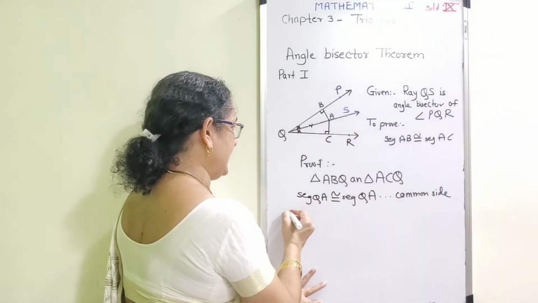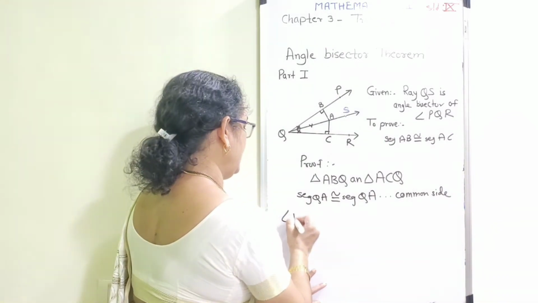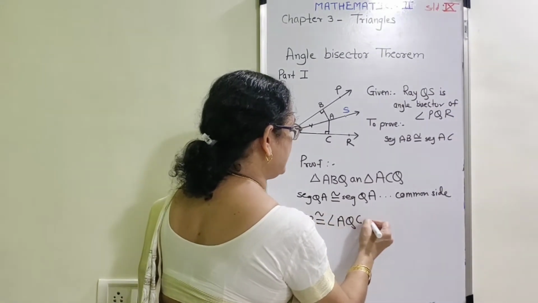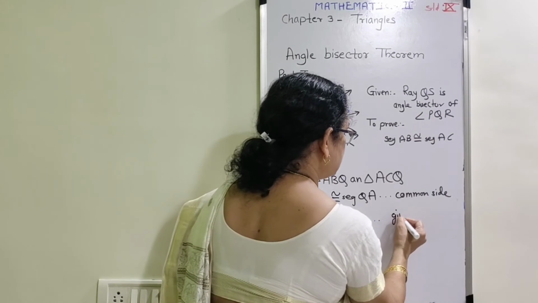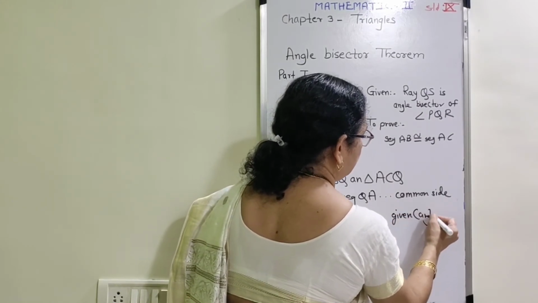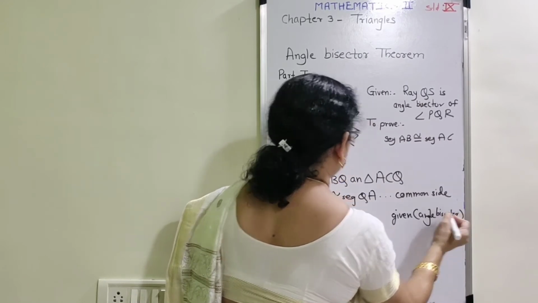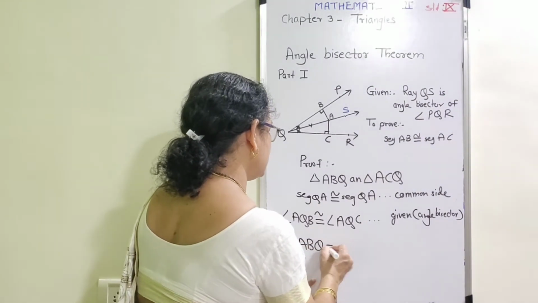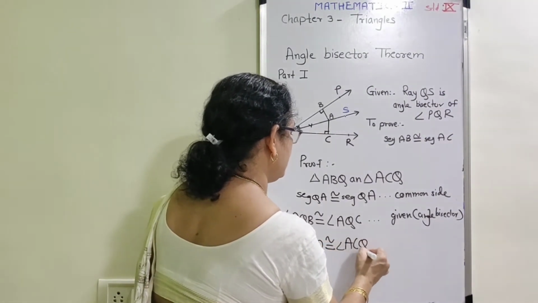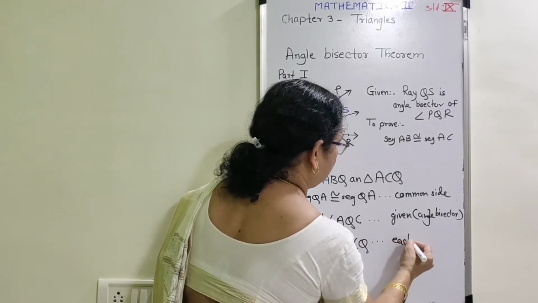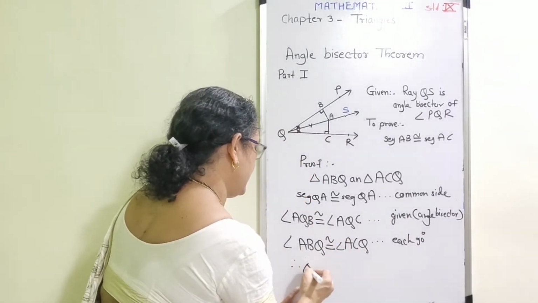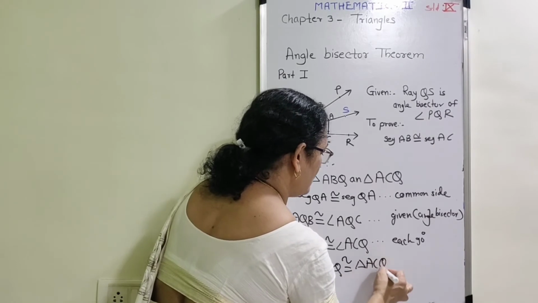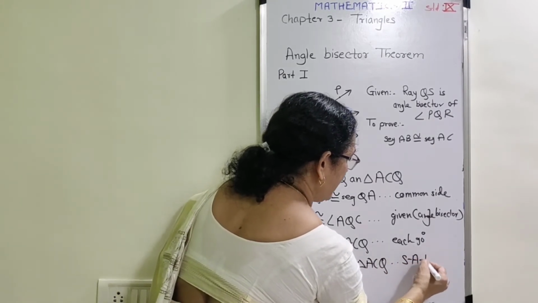The next step, angle AQB is congruent to angle AQC, given since it is angle bisector. Now angle ABQ is congruent to angle ACQ, each 90 degree, and therefore triangle ABQ is congruent to triangle ACQ by side angle test.